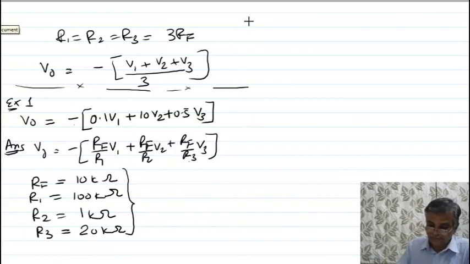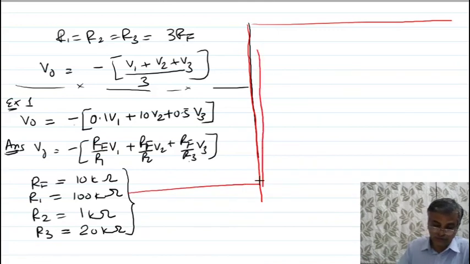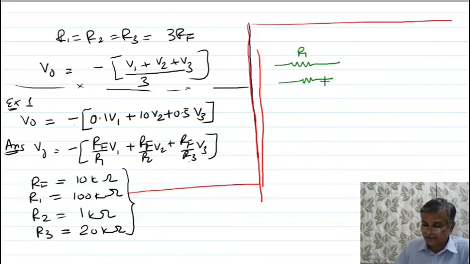Now from this I can draw the circuit. Look here. This is R1, R2, this is R3, connected like this.